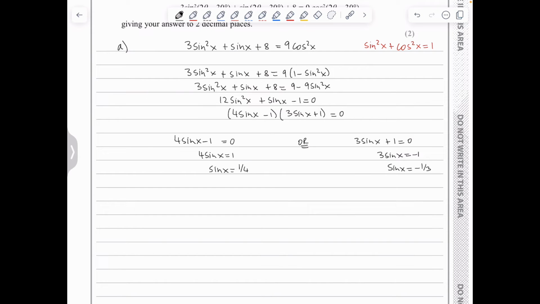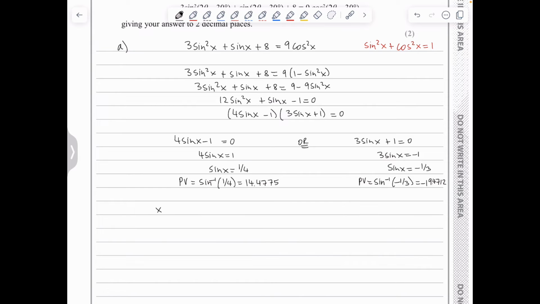I will now find the principal values for each of these simple trigonometric equations. So for the first one, the PV is shift sine of a quarter, which is 14.4775. Whereas for the second one, my principal value is shift sine of minus a third, which is equal to minus 19.4712. Which means I can now write down my formula for sine.